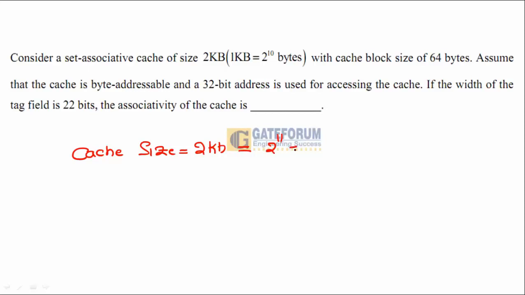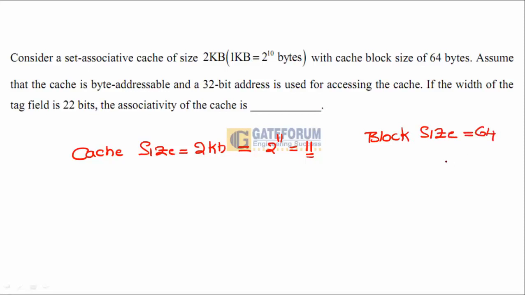So the number of address bits that are required in order to access the cache is equal to 11. The number of cache address bits is equal to 11, with a cache block size of 64 bytes. Here I will write: block size is equal to 64 bytes.